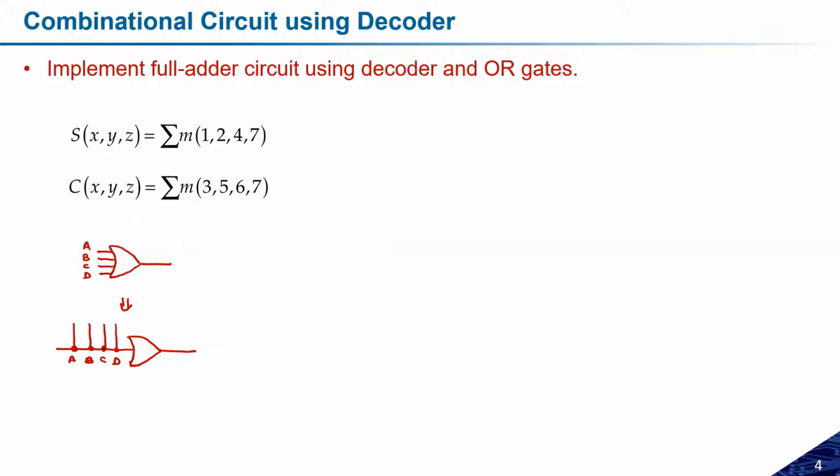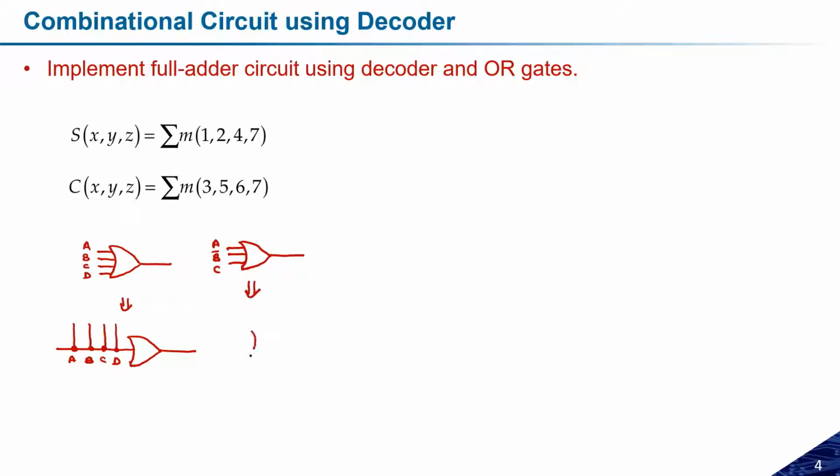Now let me take another example so that your doubt will be clear. Let us consider a 3 input OR gate for simplicity, with inputs A, B bar, and C, and I want to make the alternative representation for this one. So how can I make it?